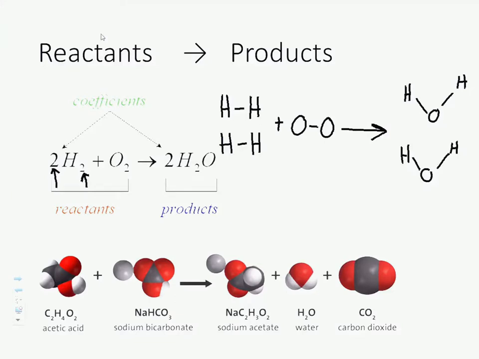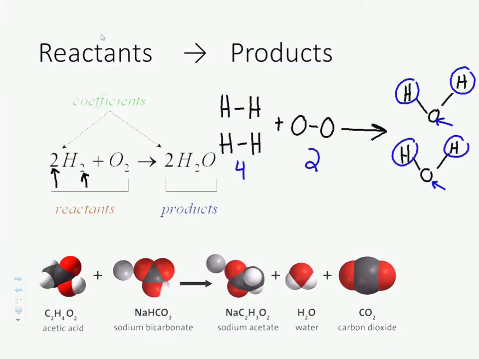So if we just look at our oxygen, how many oxygens do we have? 2 of them, 2 atoms. How many oxygen atoms do we have over here? 2 of them. How many hydrogen atoms do we have? We have 4 atoms on the left side. How many do we have on the right side? 1, 2, 3, 4.